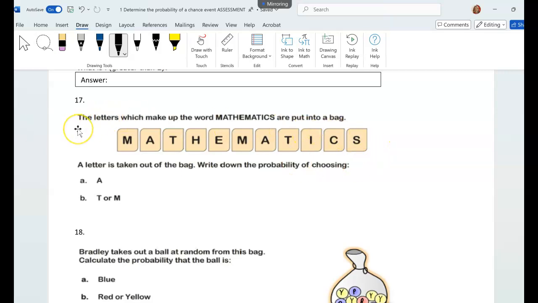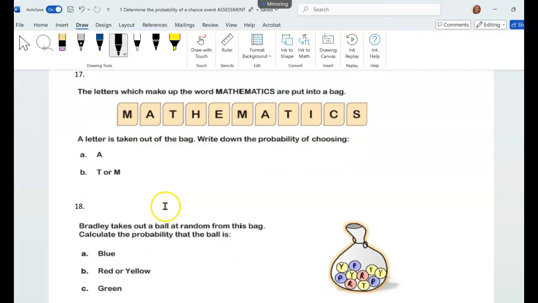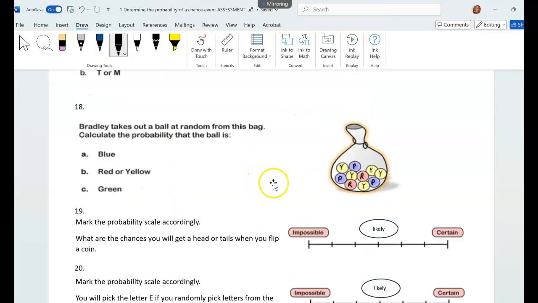They're all there. What's the probability of choosing T or M? You're going to have to add T, the chances of T plus M together. Write it as a fraction.